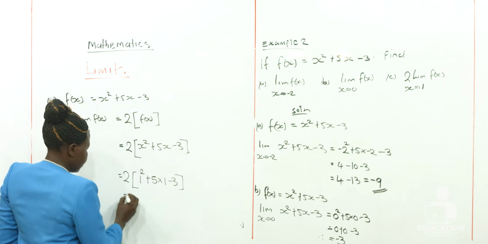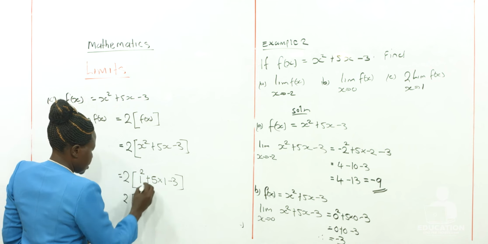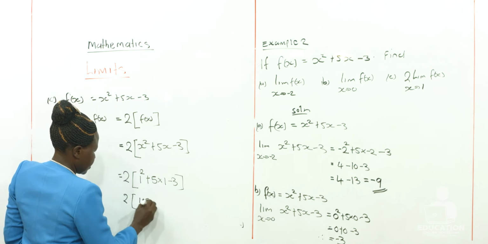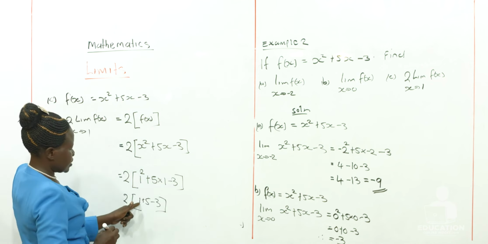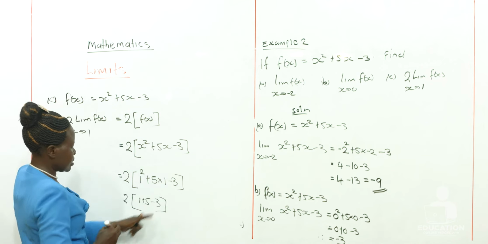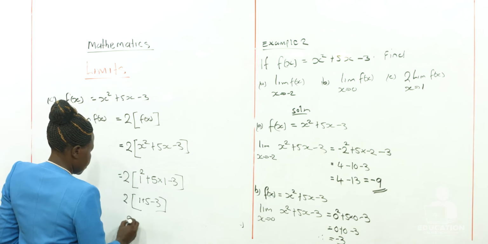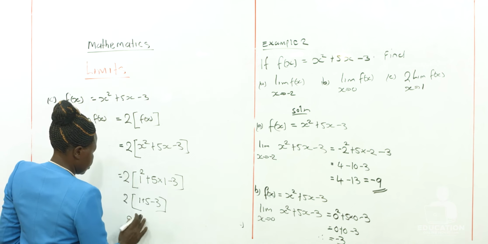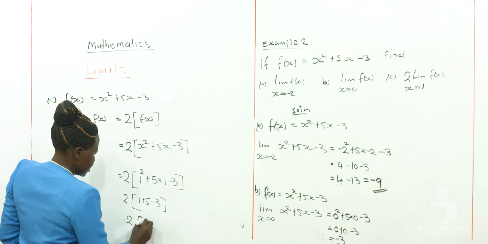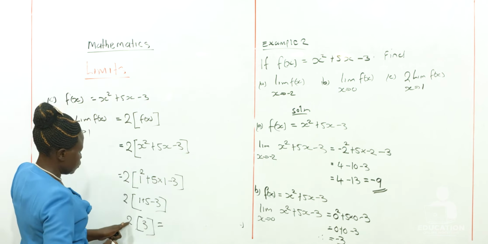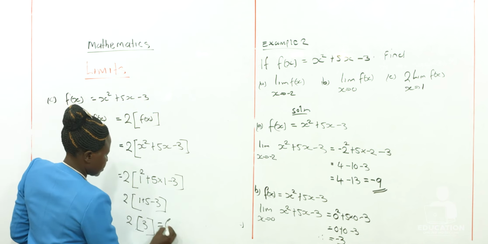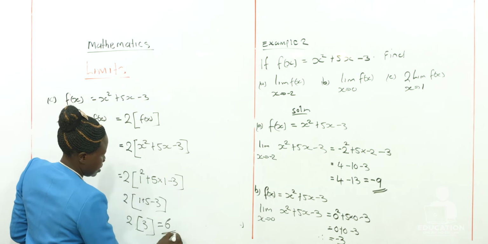So we shall have 2 into 1 plus 5 minus 3, which will give us 6 minus 3, we get 3. So we shall have 2 into 3. It is at this level that we open the bracket. Then you say 2 times 3 will give us 6. So this is your answer.